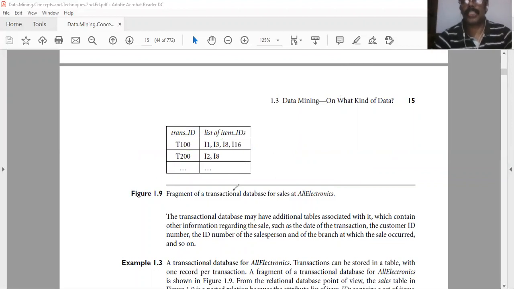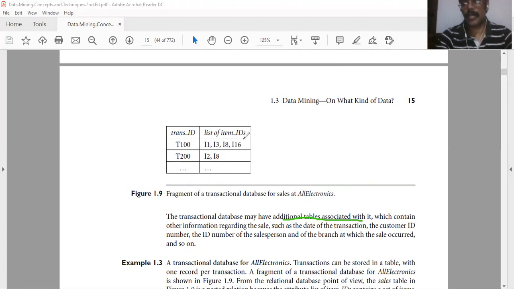The transactional database may have additional tables associated with it. Generally, a transactional database consists of a transaction ID and list of items.